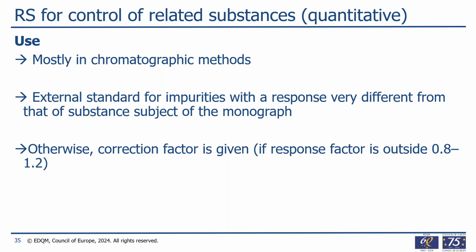Because if not, the primary option would be to identify or to quantitate these impurities against a dilution of the test solution. If the response of the impurity compared to the main substance is only slightly different, also a correction factor could be given.